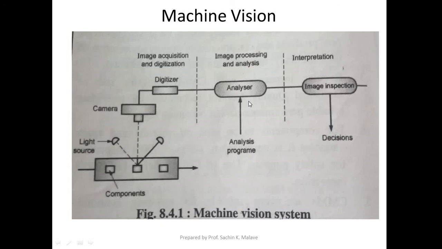Edge detection involves determination of the location of boundaries between the object and its surroundings in the image. So these are the advanced techniques in which the image is processed. This is the second part, where image processing and its analysis is carried out.